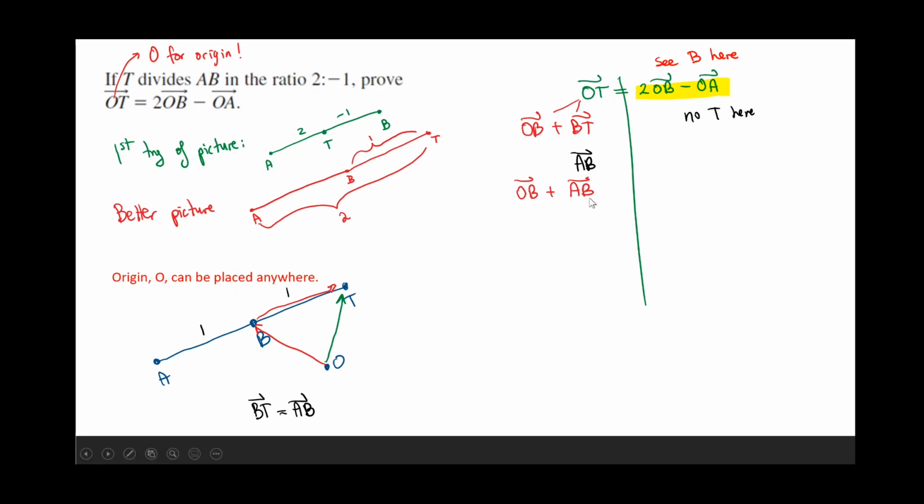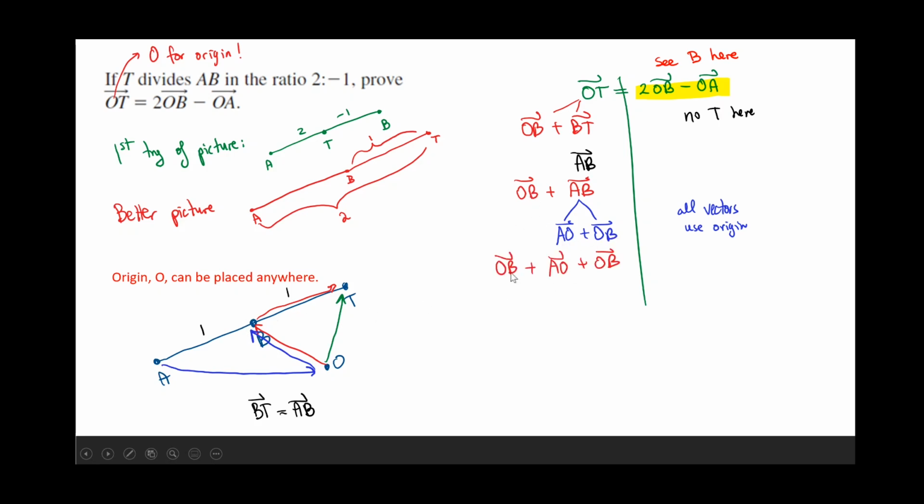I notice again that on this side, everything has to do with the origin. All vectors use the origin, but this AB doesn't yet. So once more, we can uncollapse or go the long route from A to origin, and then from origin to point B. Here's a picture of that. Instead of going from A to B, we go from A to origin, then origin to B. Okay, so we have that.